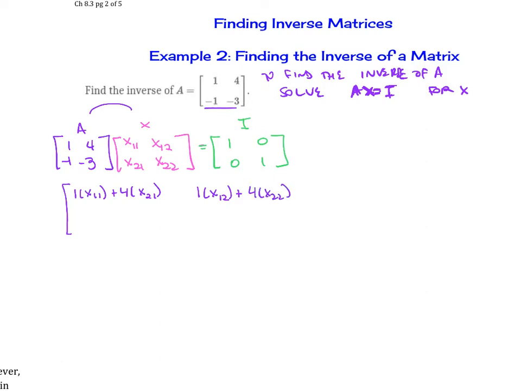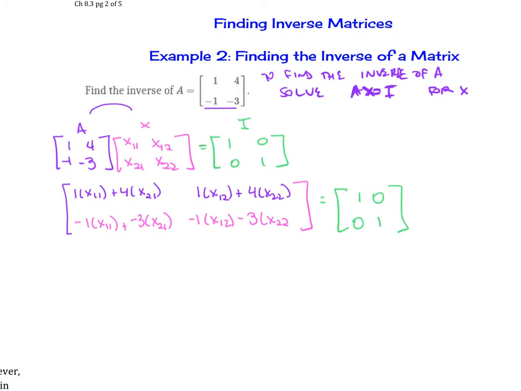Then the next line, we have -1 times X11 plus -3 times X21, and then -1 times X12, and then -3 times X22. And that's going to equal 1, 0, 0, 1.